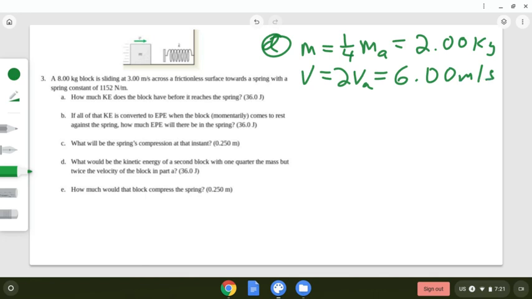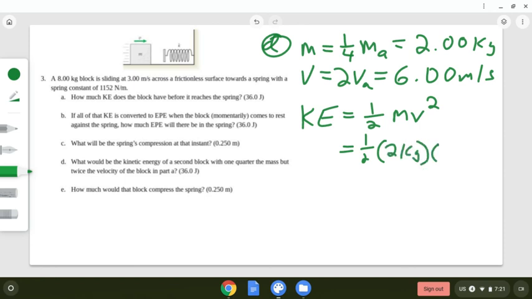So what's that going to give us? Well, remember your formula for kinetic energy. KE is 1/2 mv squared. So that makes it 1/2 times 2 kilograms times 6 meters per second squared.